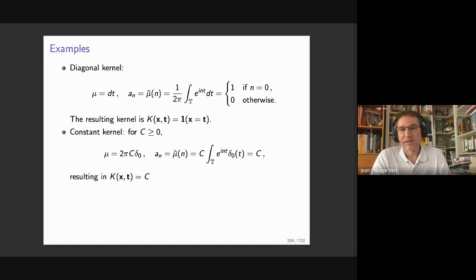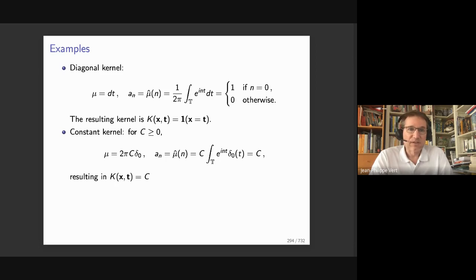And so we get 1 times c, which is equal to c, the constant. Right, so the kernel we get as the Fourier transform of the Dirac is a constant kernel. And so we know that indeed when a constant is non-negative, then it's a valid positive definite kernel, which is translation invariant because it only depends on the difference, x minus t. In fact, it does not even depend on it.